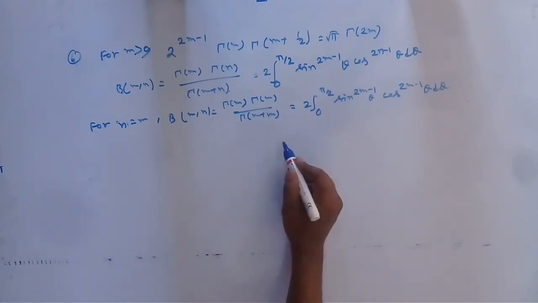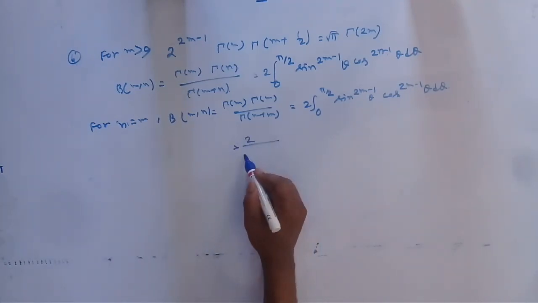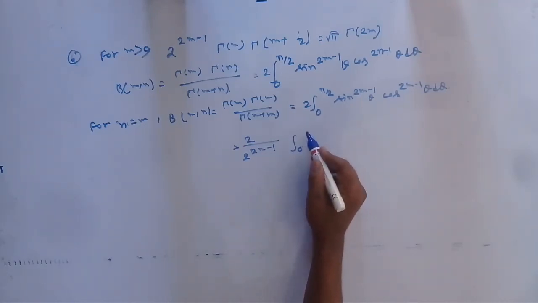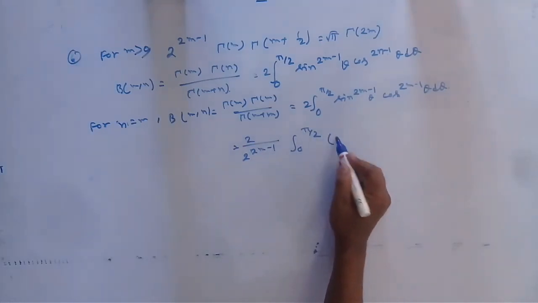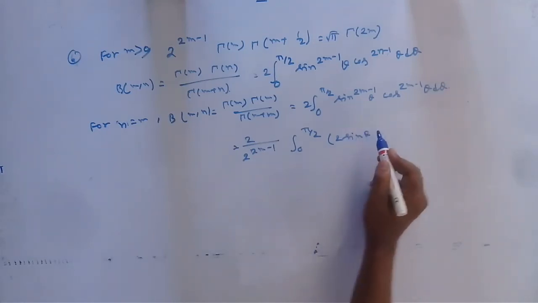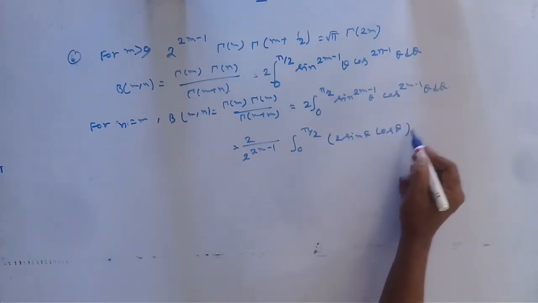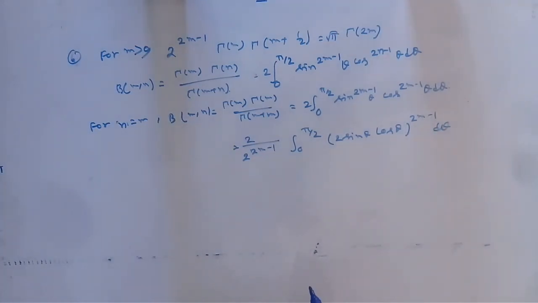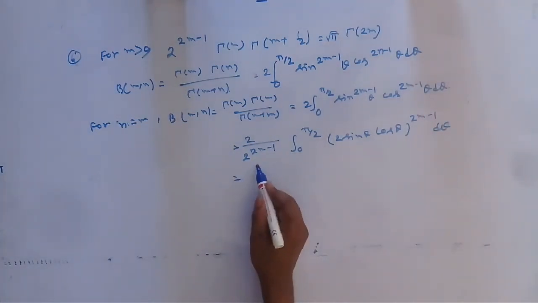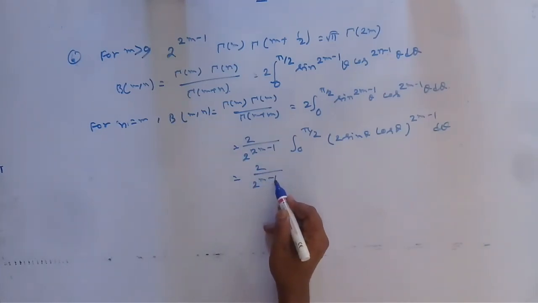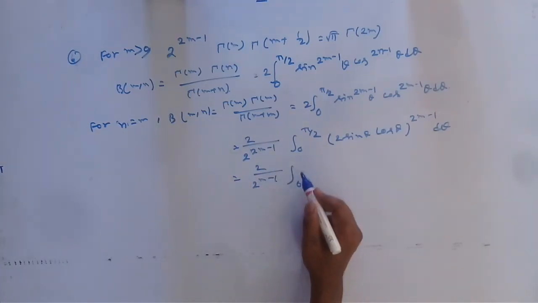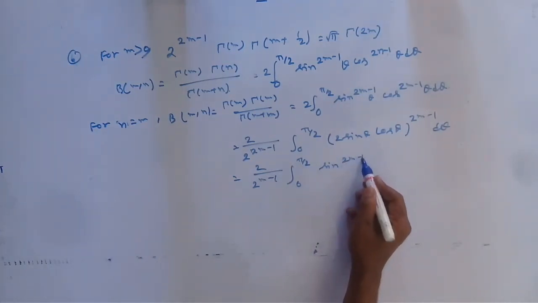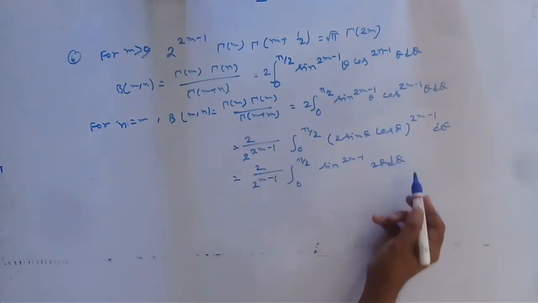So it is equal to 2 by 2 to the power 2m minus 1 integration 0 to pi by 2 of (2 sin theta cos theta) to the power 2m minus 1 d theta, and it is equal to 2 by 2 to the power 2m minus 1 integration 0 to pi by 2 sin to the power 2m minus 1 of 2 theta d theta.